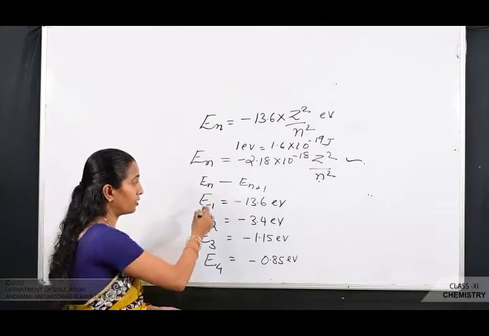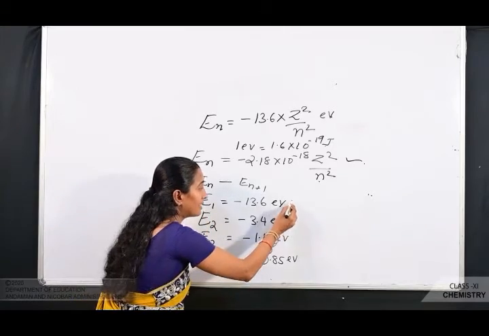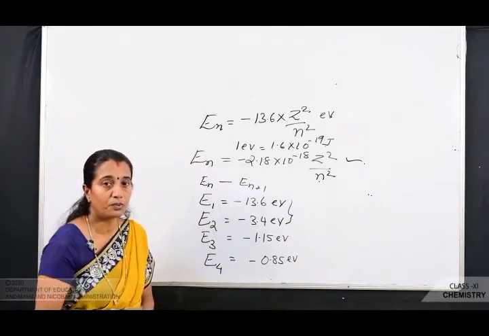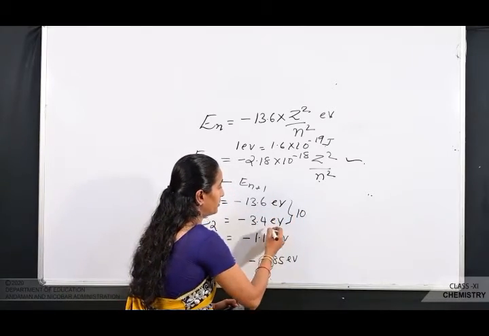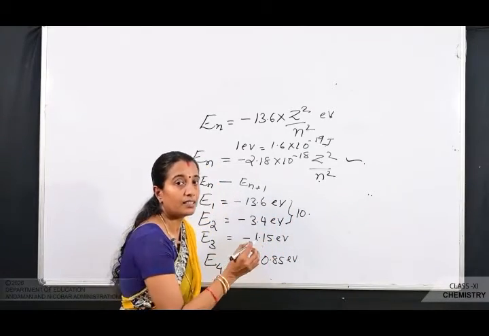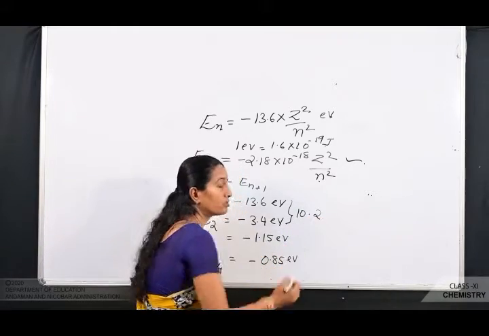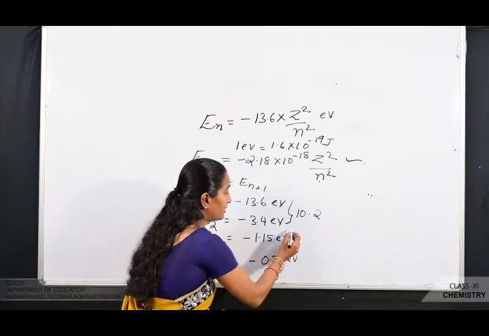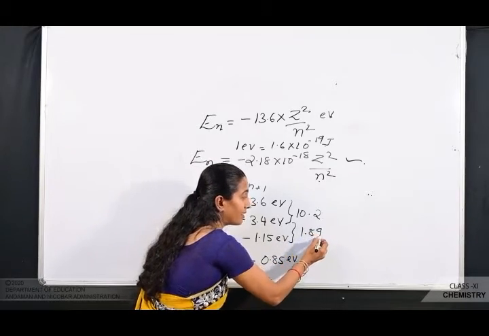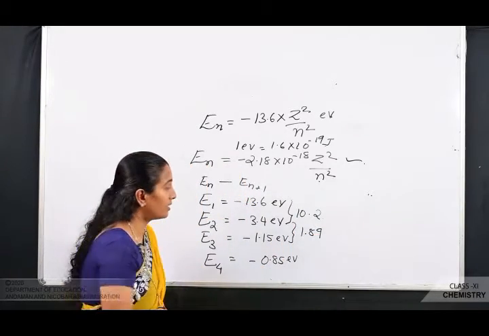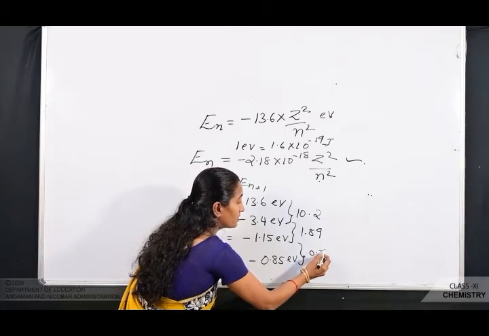This is the value of E1, E2. If I look at the gap between them, that is, the energy difference, and subtract, I get 10.2. Subtracting the next two, I get 1.89. And here, 0.7.